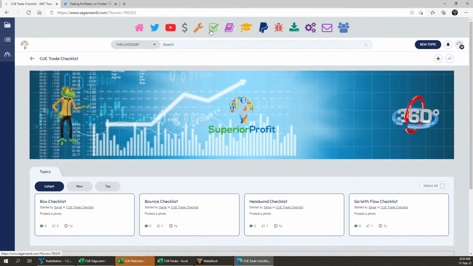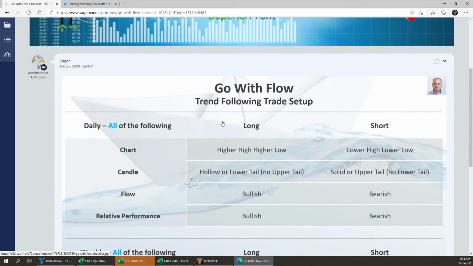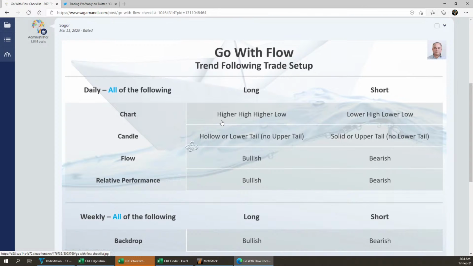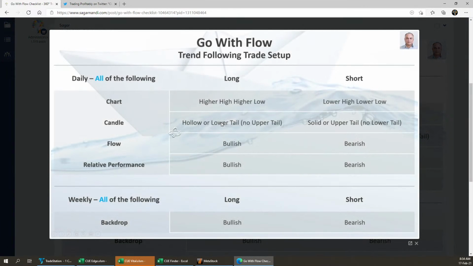You may access the checklist using this checklist icon on my website sagarnandy.com. If we go through the checklist for go with flow trend following trade setup, you probably know already there are a number of unambiguous checklist conditions on daily, and one checklist condition on weekly as well.